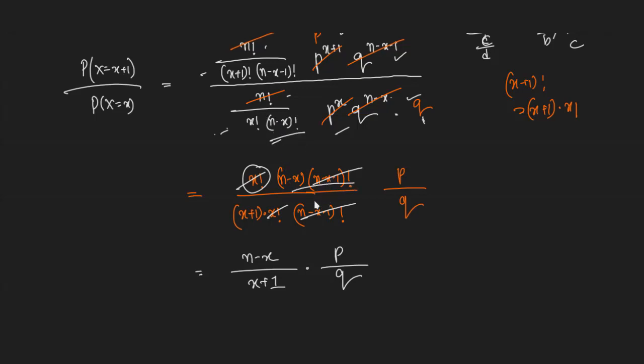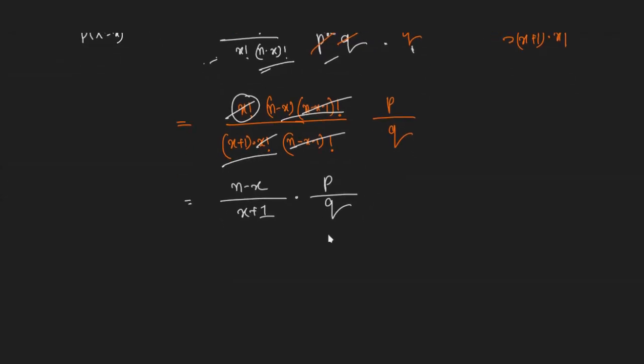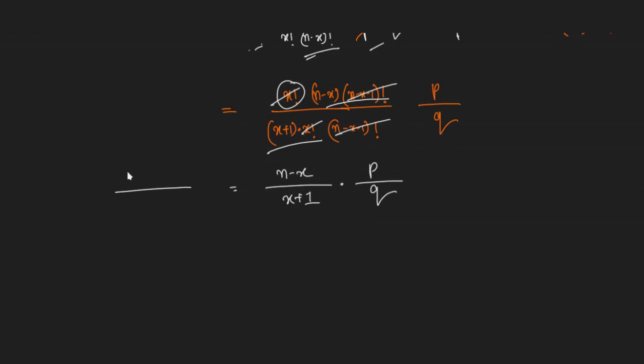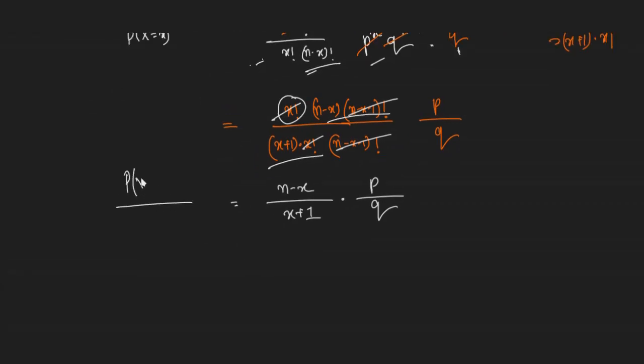We expand one step, n minus x, and the next term is 1 minus; similarly x plus 1. We expand one step: x plus 1 factorial is x plus 1 into x factorial, so it cancels out.